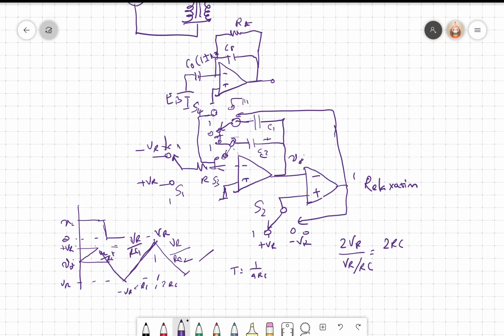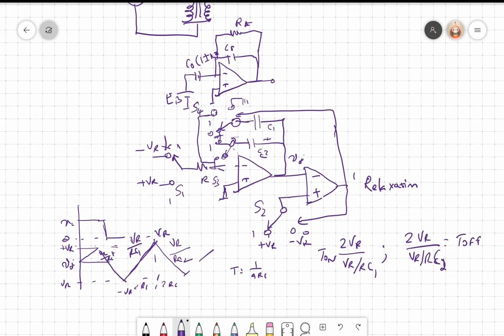Again, 2VR by RC1 would be T on, and 2VR by RC2 would be equal to T off, right?